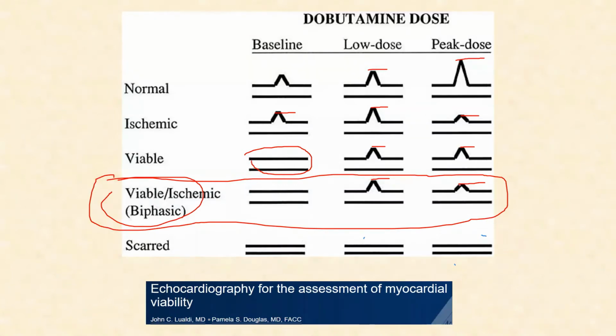That means I have a viable tissue with ischemia. A revascularization is going to be beneficial. Okay. This biphasic response is the response we look for in the vitamin echo to demonstrate viability. So remember the biphasic response, what does it mean?